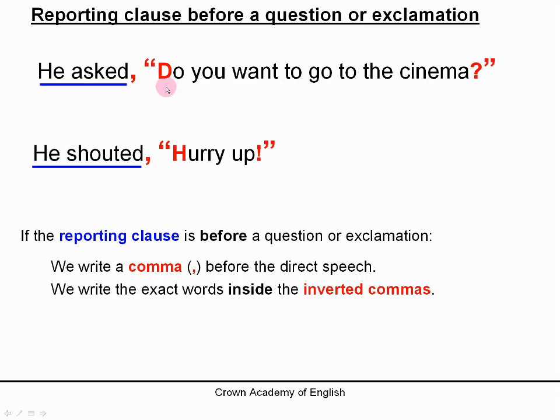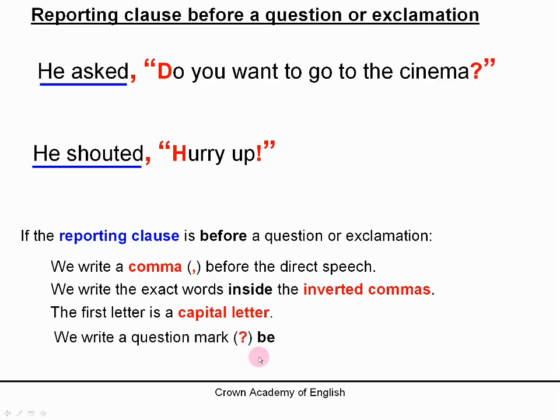These are the exact words. And the first letter, again, is a capital letter. Capital D, capital H. But what changes is, for the question, we write a question mark before the closing inverted commas.